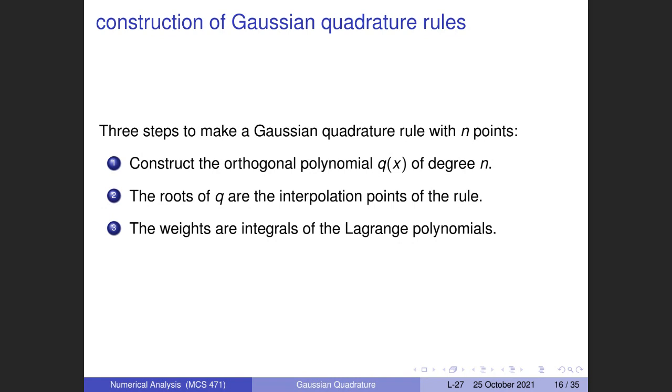And we use the property that the weights of interpolating quadrature rules are the integrals of the Lagrange polynomials. The root finding problem we will do with companion matrices from linear algebra. The construction of orthogonal polynomials follows from a 3 terms recursion.